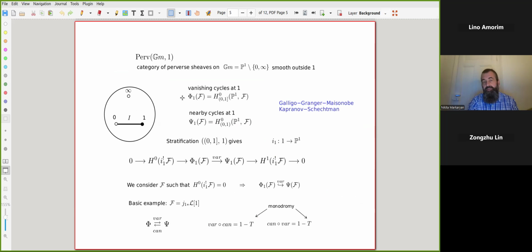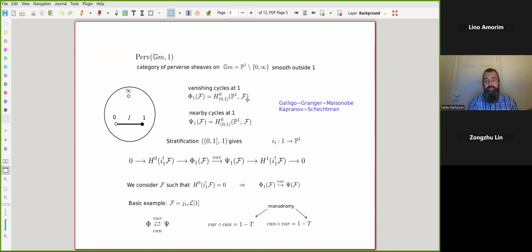Then we can define vanishing cycles. We need to specify a direction, but I can't specify it like this. For us, the helpful definition is given by these three authors.